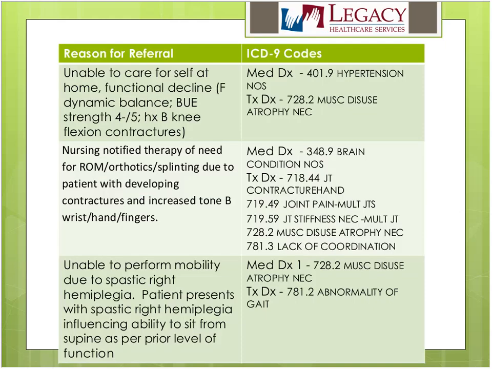So here's a couple of examples. Like I said before, when I do documentation review, I look at that reason for referral to help guide the codes that are chosen. So our first example, the reason for referral, states that the patient is unable to care for self at home.